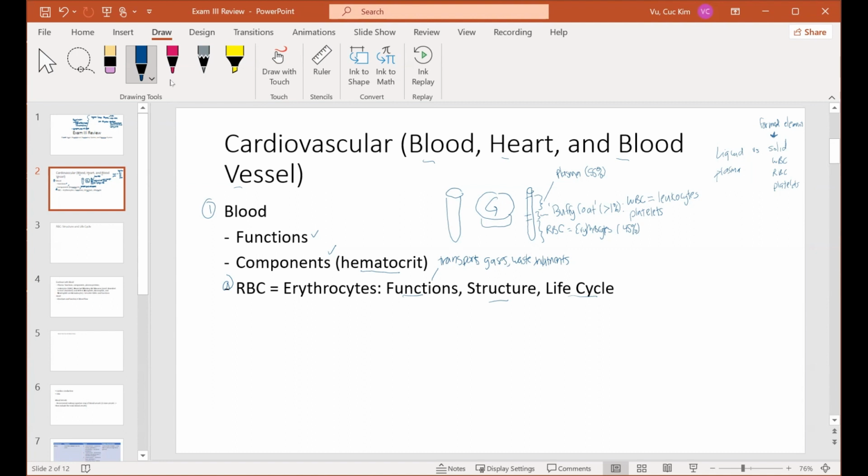Let me redo that. It transports gases. You're right. I was looking at functions of blood. Okay. All right. So let's go here. Okay. So it transports gases, specifically oxygen and carbon dioxide. Okay. So that's the main function of red blood cells. Okay, so it transports the gases.